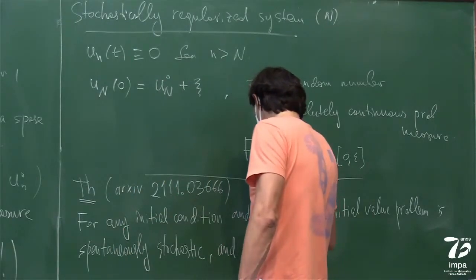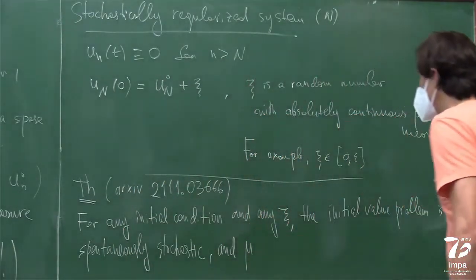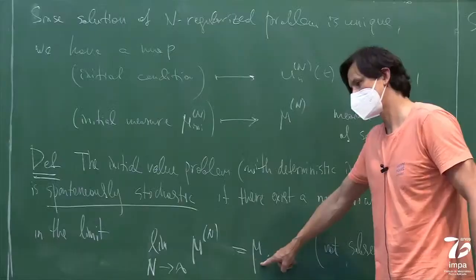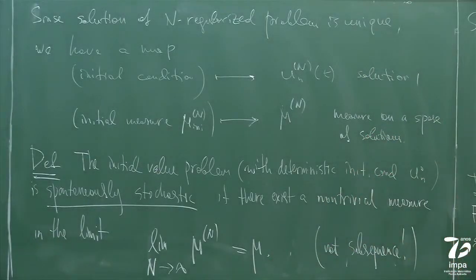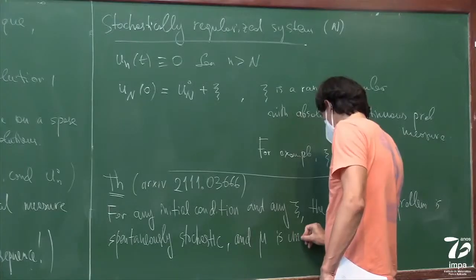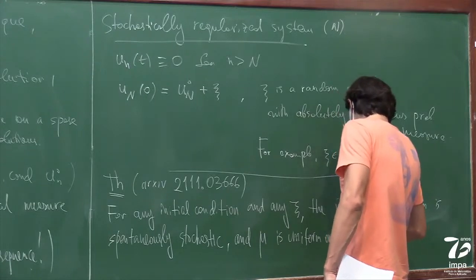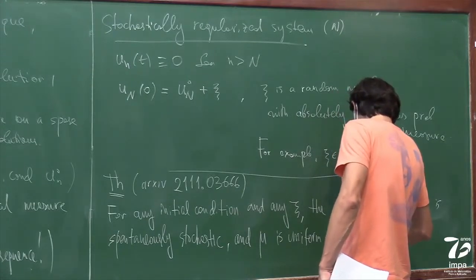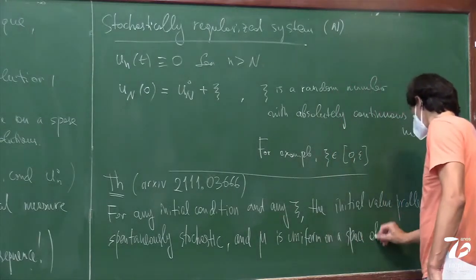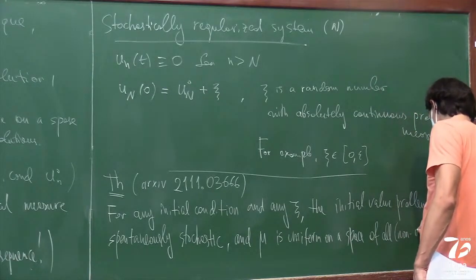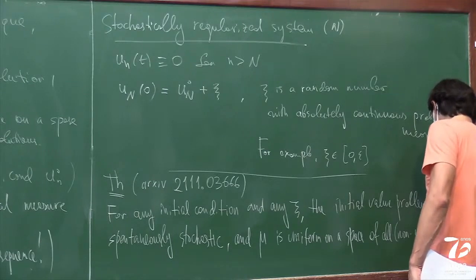And mu, the measure that we obtain, is uniform on the space of all, remembering that non-unique, right, solutions.